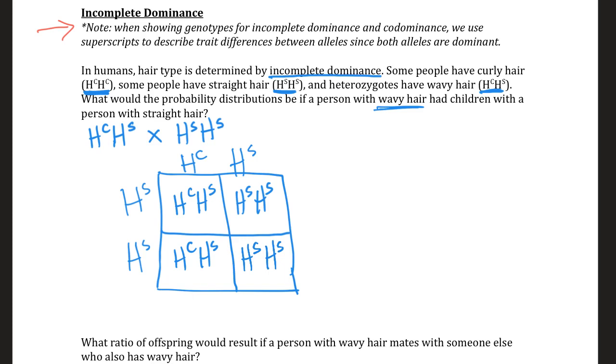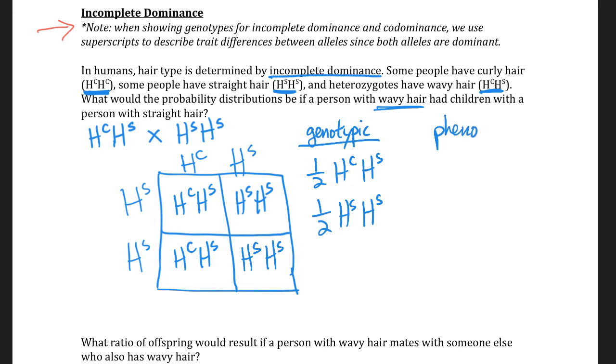So it's asking, what would the probability distributions be? Well, we have two ratios to write down. This is the genotypic ratio. So for the genotypic ratio, we have 1/2 HCHS and 1/2 HSHS.